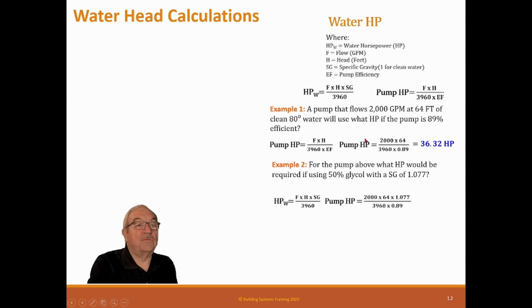So what we've done is we've just added the specific gravity, because it's the same except it has pump efficiency. So now we add that formula, come to 39.11 horsepower, and you see the horsepower went up because glycol's heavier, has a greater specific gravity, so it takes more pump horsepower to pump glycol than just clean water.